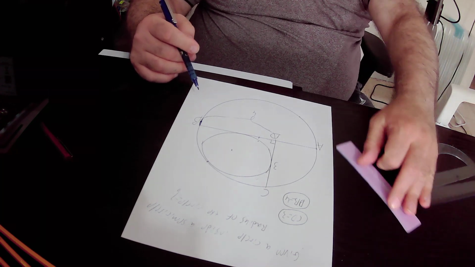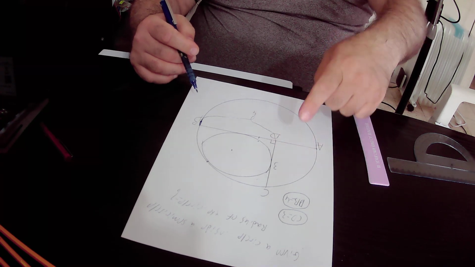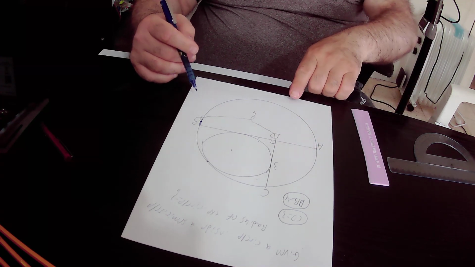In the next step, we will extend line segment CD by a straight line until it touches the circle.